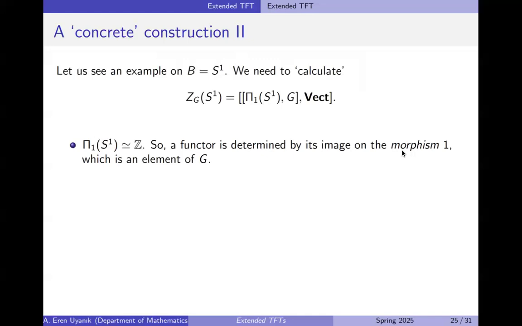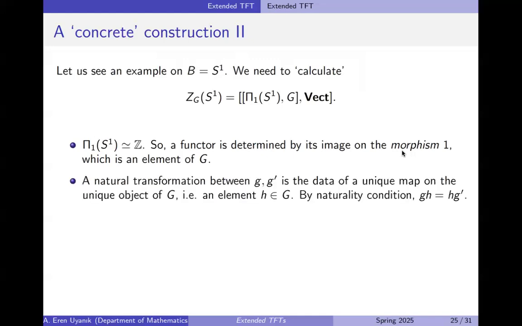So we will take the basic one, the easy one. We just think of this as Z, and this is the functor category, functors from Z to G. So a functor is determined by its image on the morphism 1. We see 1 as a morphism by the additive structure of Z. If 1 is sent to a g, an element of the group, then we know the functor.